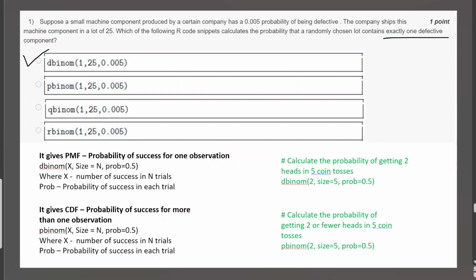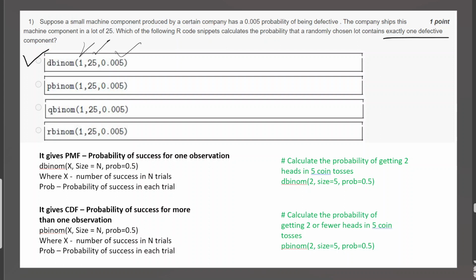Exactly one means we can just use the density function, dbinom. So out of 25, exactly one being defective: x is 1, size is 25, probability of being defective is 0.005. So this gives the correct answer.